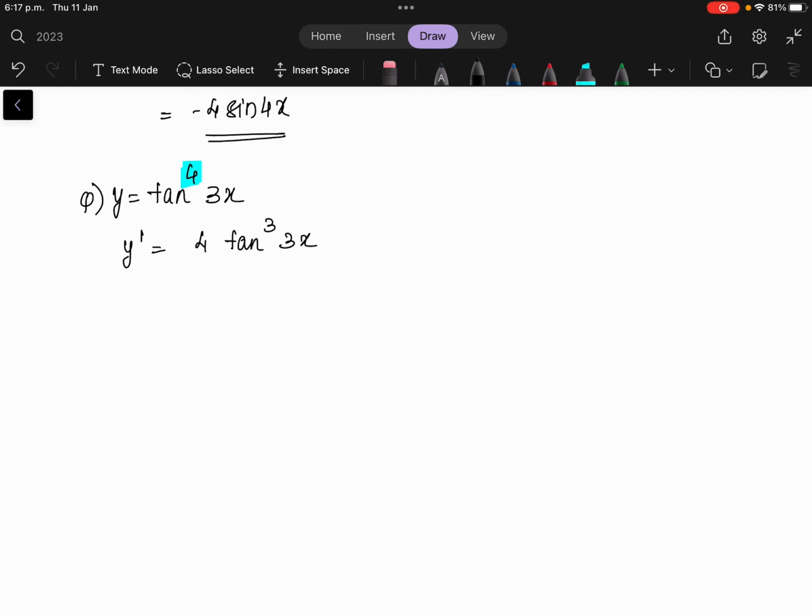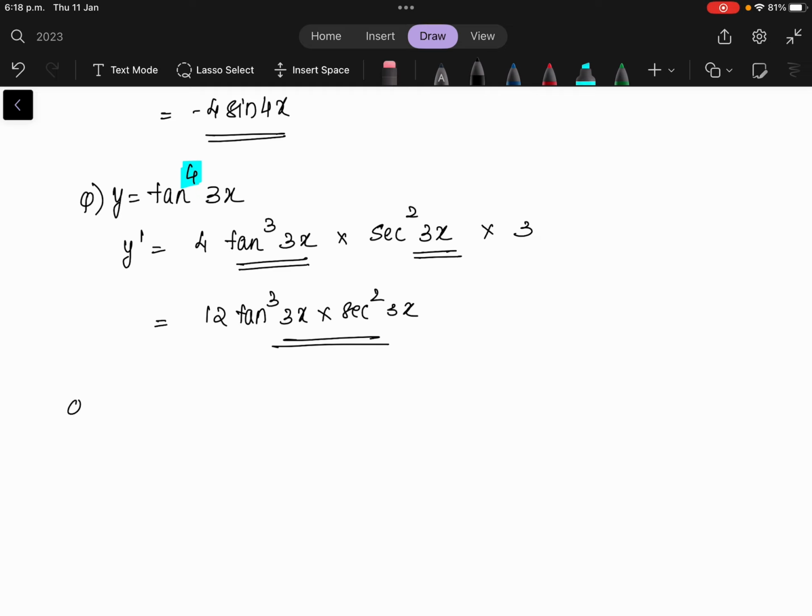So the first rule is applied, and then you have to apply the chain rule for this. The differentiation of tan 3x is sec square 3x, and then you have to apply the chain rule for this, so it is like 3. So then you simplify this as 12 tan cube 3x times sec square 3x.